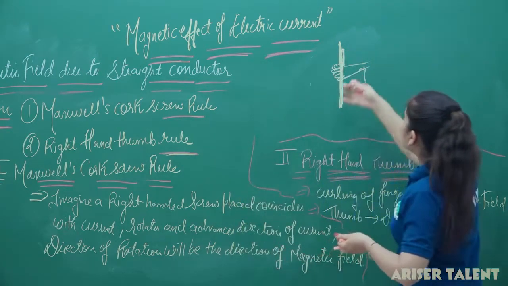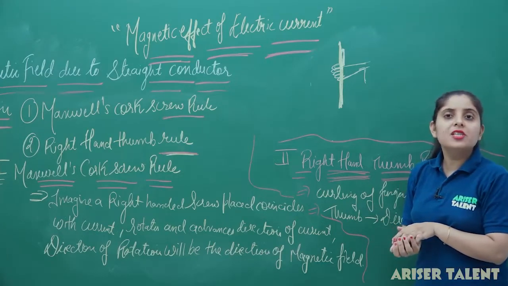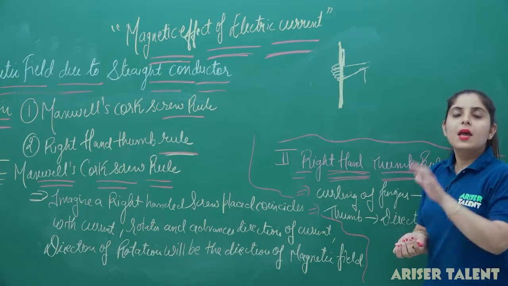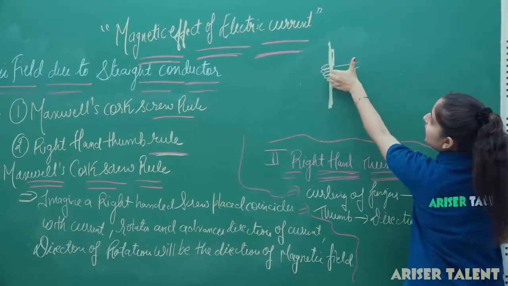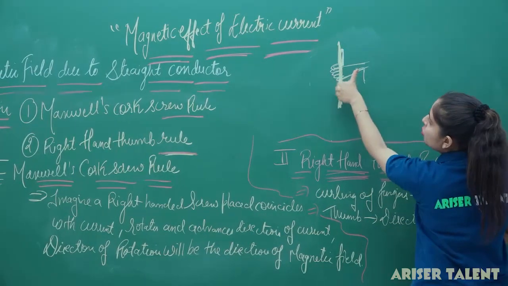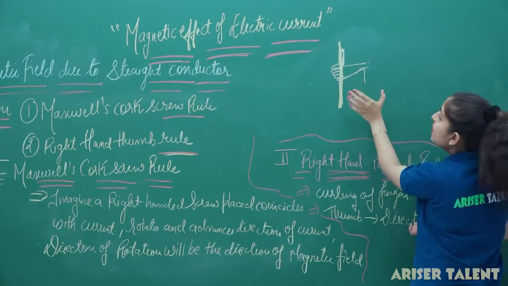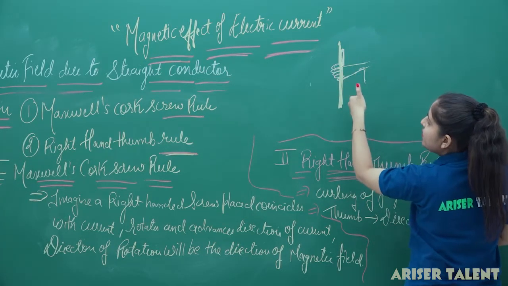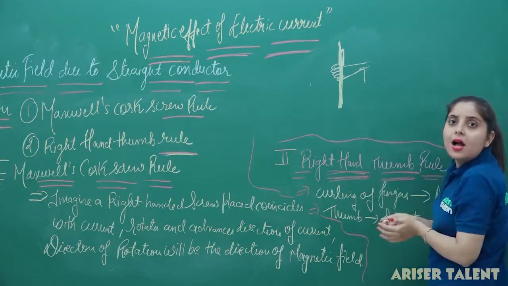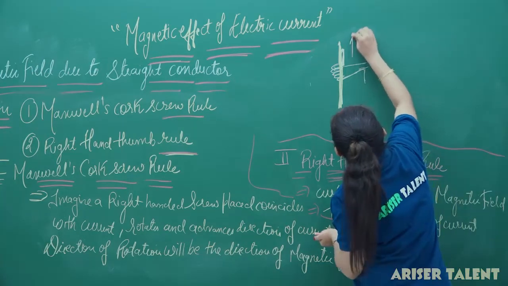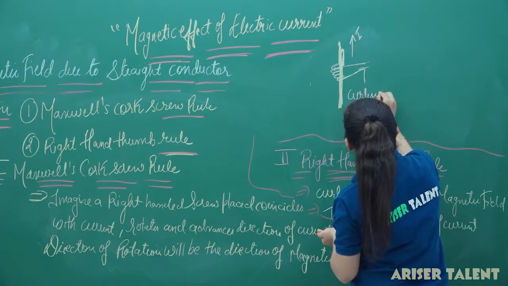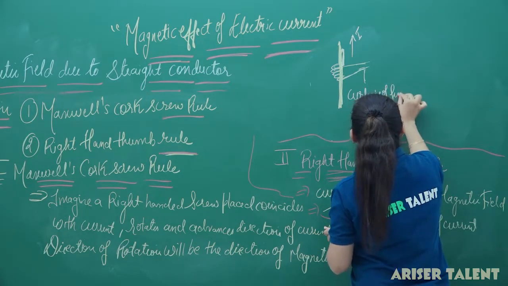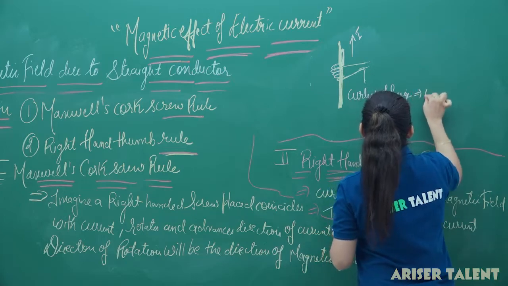This is how I hold the conductor. It means the curling of the fingers is inwards and the thumb is pointing in the upward direction. So this is the value of current I have. The curling of the fingers is in the inward direction and it shows the magnetic field direction.